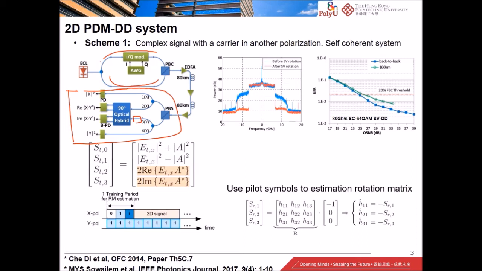In that case, you can quickly estimate the numerical values of the rotation matrix, and then use that to recover the transmitted Stokes vector. This is proposed by the group at the University of Melbourne, and I think the best achievement that has been presented demonstrated 336 gig transmissions over 600 kilometers of single mode fiber using 16 QAM signals.